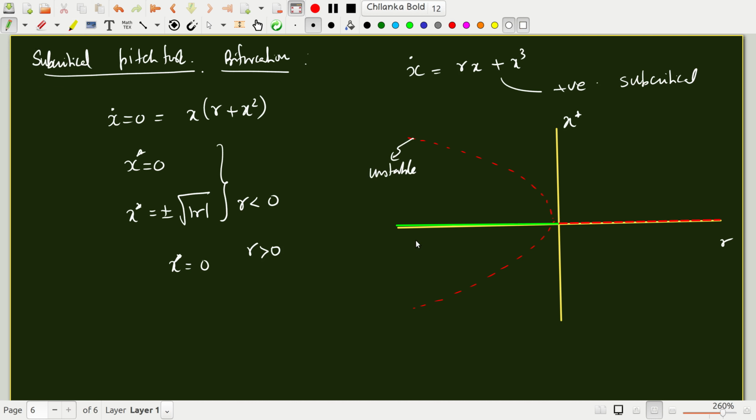Okay, the origin is stable for r less than 0, that is x star is 0 is stable for r less than 0, and unstable for r greater than 0. Okay, so the point is, what does this mean? This means that even below r equal to 0, there is a chance that because this solution is unstable, the flow is going to be like this towards the trivial solution.